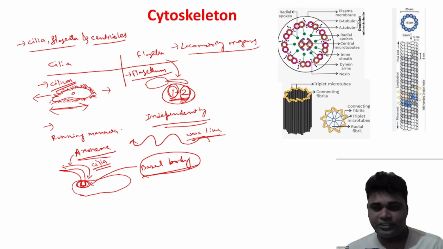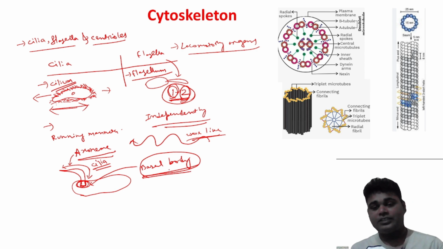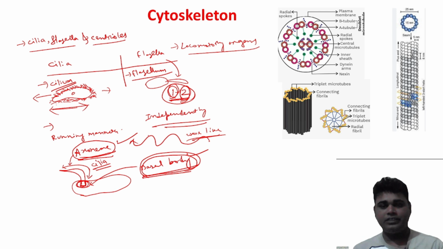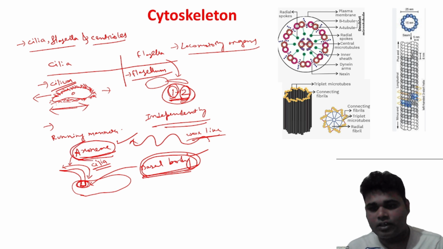One is called the axoneme, another is the basal body. Obviously the microtubules are present inside the axoneme and also in the basal body, but the structures are very different. So now look at the structure. First we should look at the axoneme structure.